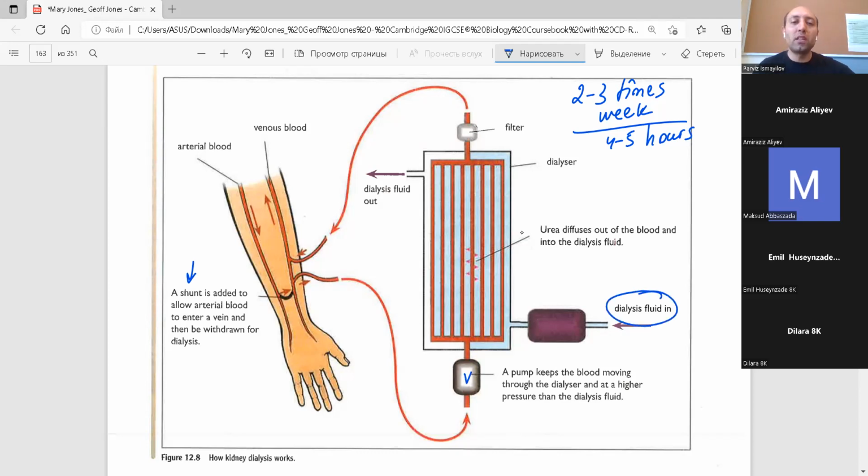In the dialysis fluid, they control, for example, which substance it will have and in which amount. When blood passes through the dialysis fluid, changes occur mostly by diffusion. There's a filter which removes unneeded substances, and the filtered blood moves back to the blood system. By this way, they eliminate urea, and some amount of salt and water.